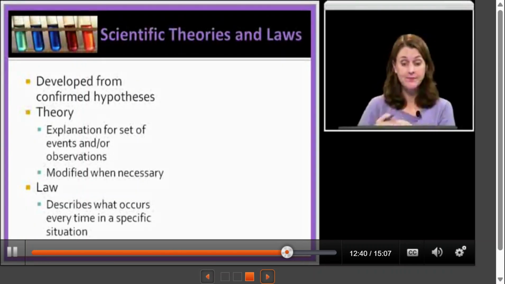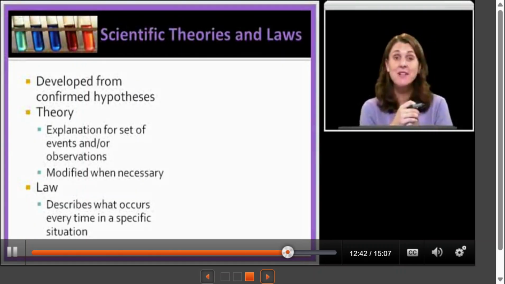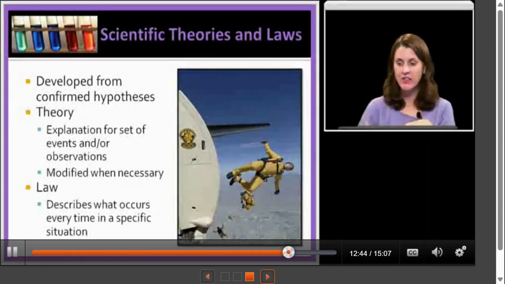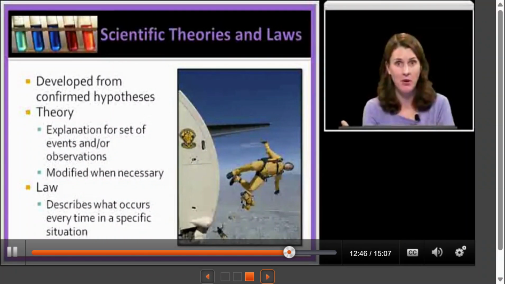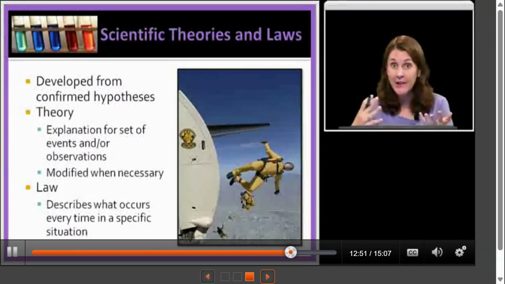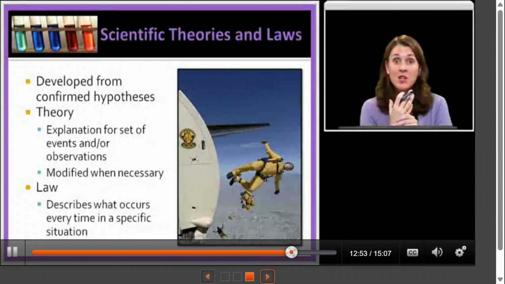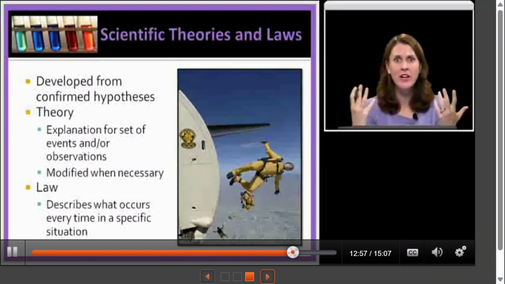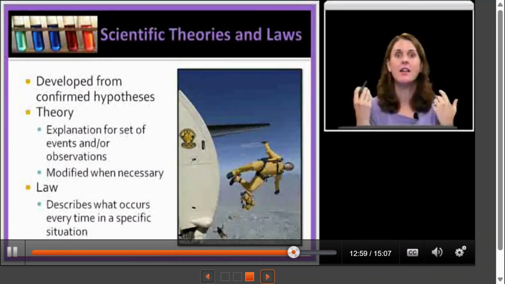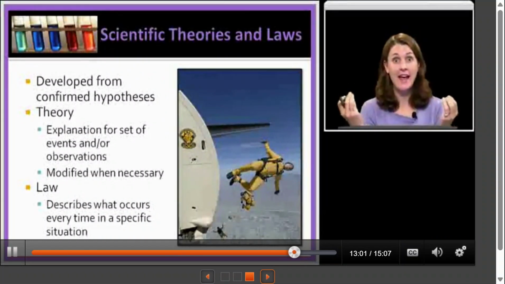Scientific law describes what occurs every time in a specific situation. The law of gravity, for example. What goes up must come down. I don't think that's going to change here on planet Earth, okay? So the law of gravity is not going to be modified. It is what it is. It is a scientific law. Everybody knows that as truth within the scientific community.